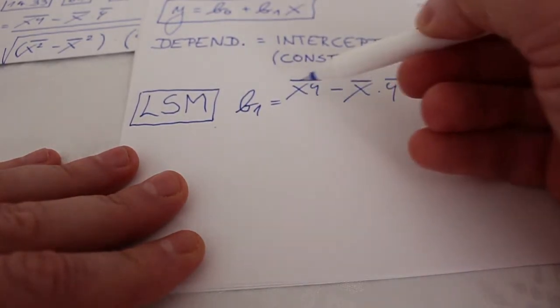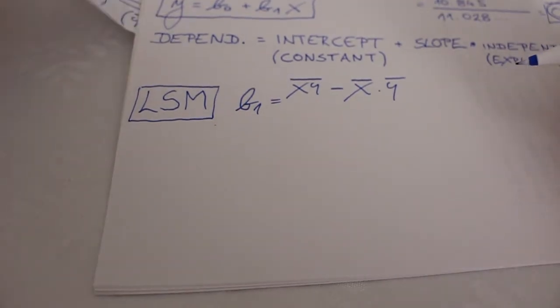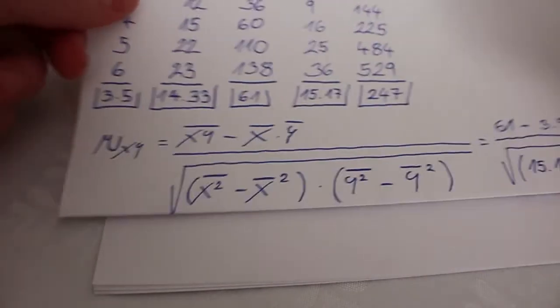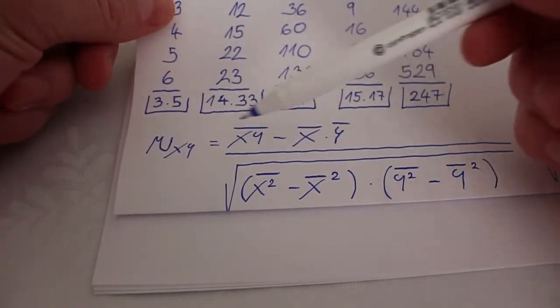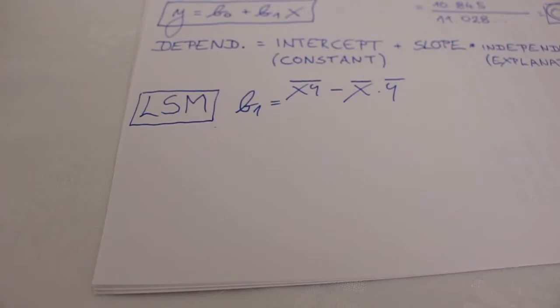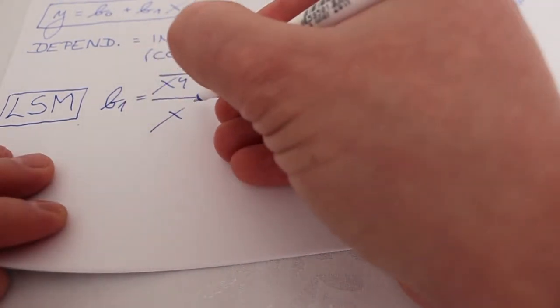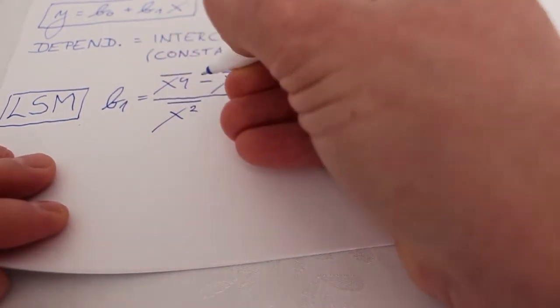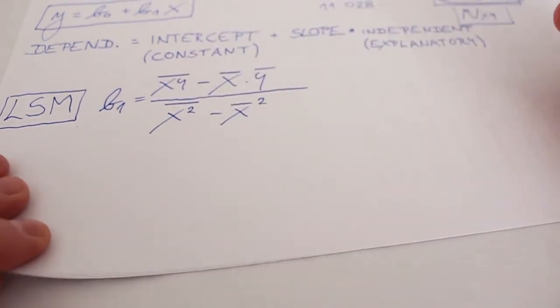You already saw this before. We have this here, the numerator of our correlation coefficient, and in denominator you can find x squared mean minus x mean squared.